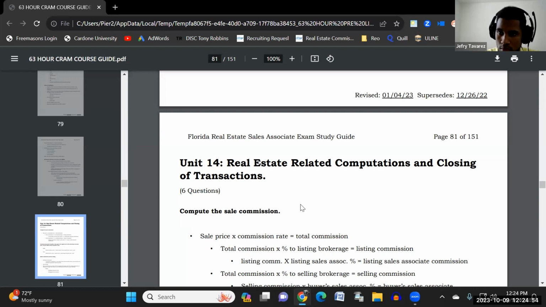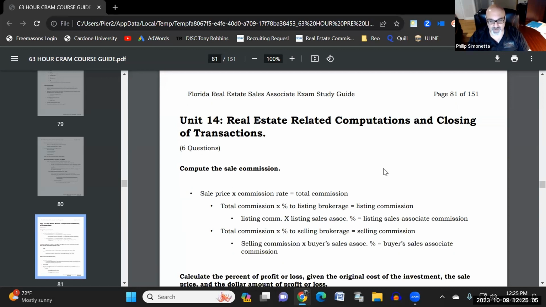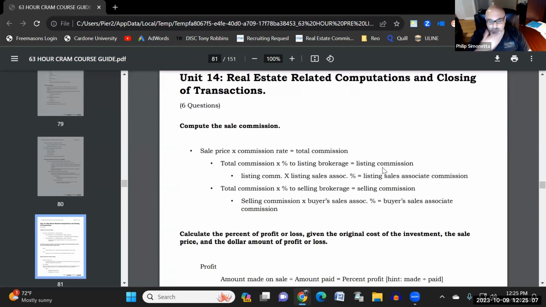Perfect. Now we're going to go through Unit 14, real estate related computations and closing of transactions. You're going to have 6 questions on this, 6% of the test. This is some of the math questions, the debits and credits, right? So you got to be able to compute the sales commissions. Remember the problem we did, the practice test? So when you're doing sales commissions, you have the sale price times the commission rate, and that equals the total commission.